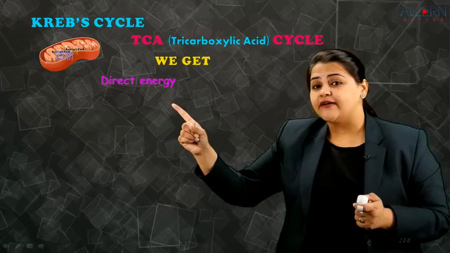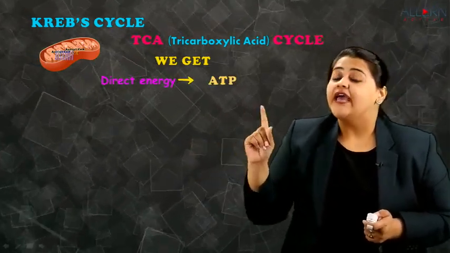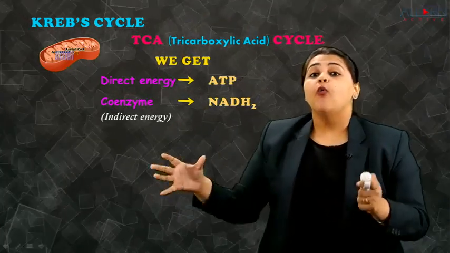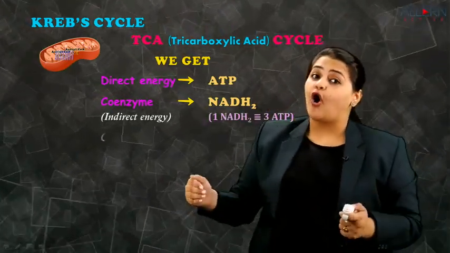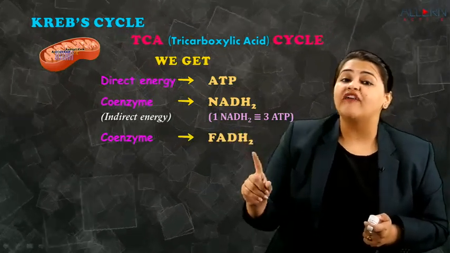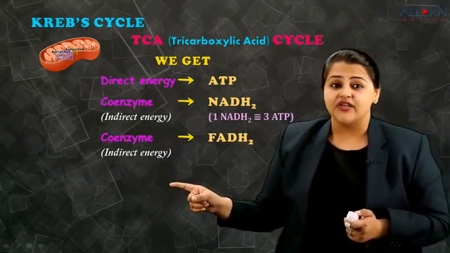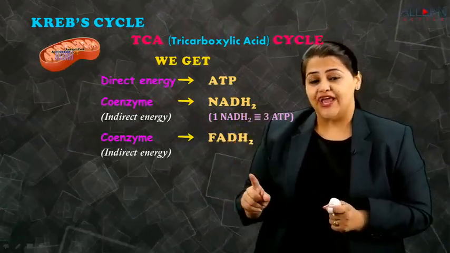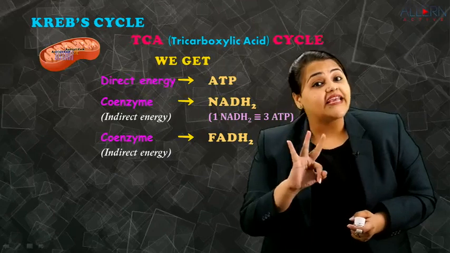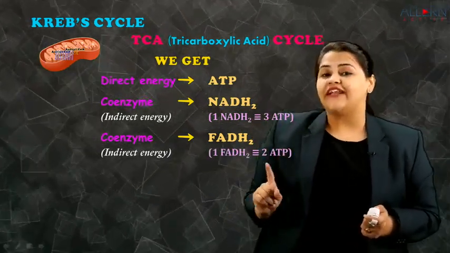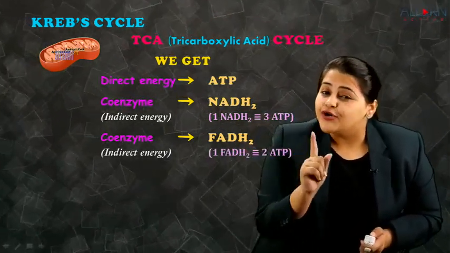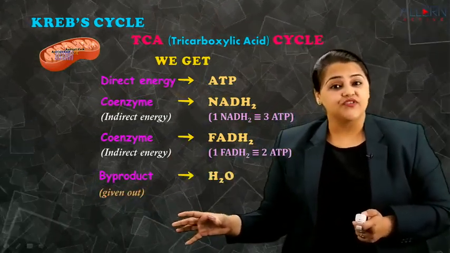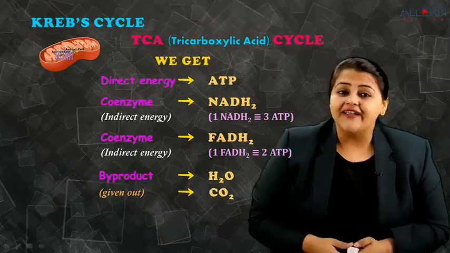In this entire Krebs cycle, we get direct energy in the form of ATP, we get coenzymes in the form of NADH2, and another coenzyme in the form of FADH2. This is also indirect energy. One NADH2 molecule will indirectly give us 3 ATP molecules, and one FADH2 molecule will give us 2 ATP molecules. The byproducts given out are water and carbon dioxide.